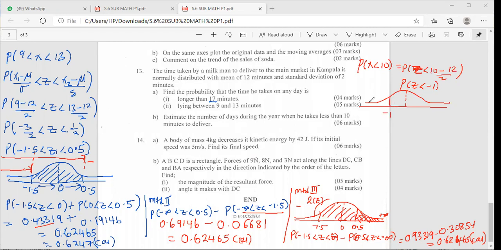So for -1, go and read the probability using P. What answer do you get? Straight away it will give us 0.15866.